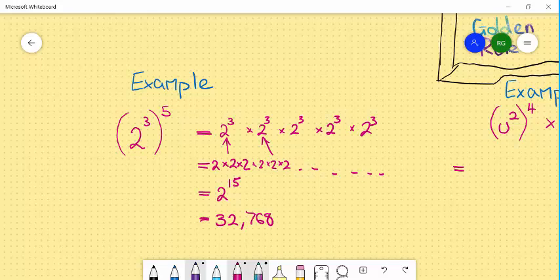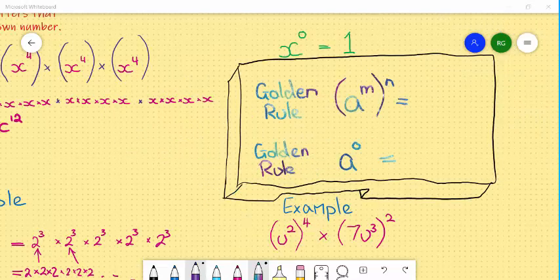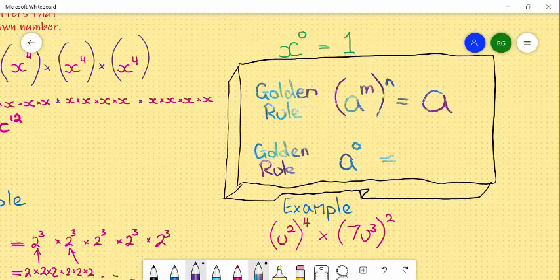But notice again that this 15 came from 3 multiplied by 5. So now we can fill in our first golden rule. a to the power of m, all of that to the power of n, is a to the power of m multiplied by n.